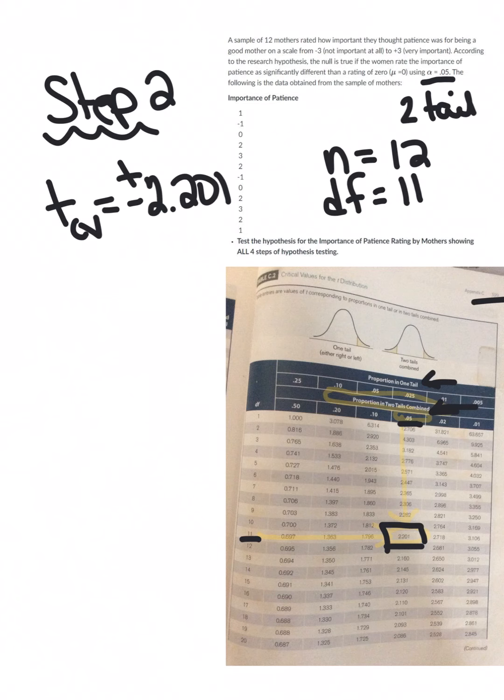Look back, our critical value was 2.201. Step 3, and I'm going to put it up here, is calculating our statistics. So be really careful when you're entering this stuff into your calculator. You want to make sure you use your negatives.